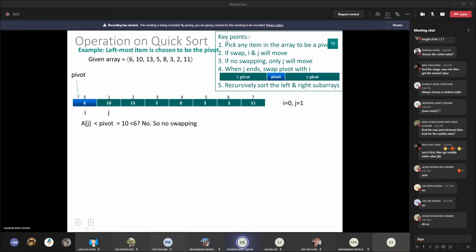Okay, let's take a look at our key point. If no swapping, only j will move. So right now, i is still equivalent to 0, j is plus 1.